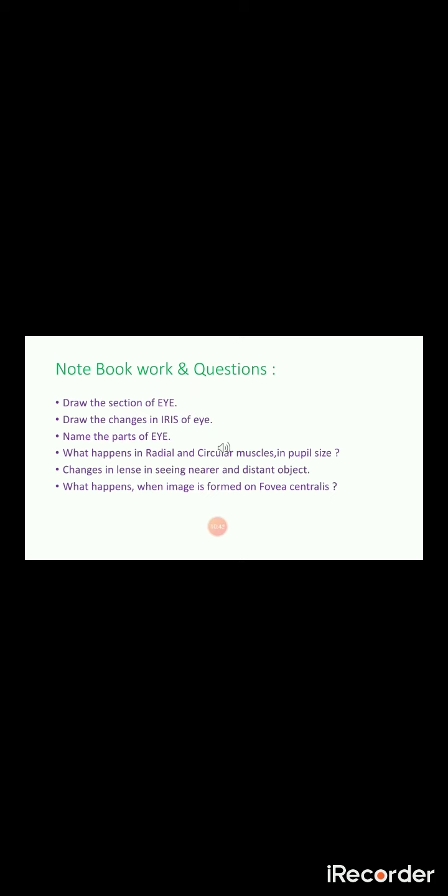Number 3, write the names of different parts of the eye, starting from cornea, iris, pupil, lens, sensory retina, choroid, sclera, fovea centralis, and the optic nerve.